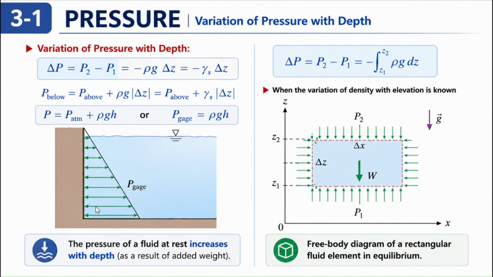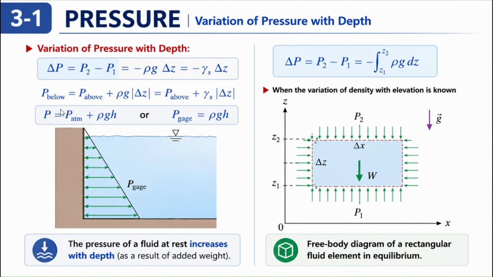If you look into this particular image, you have depth of the water, you have fluid, and the pressure will increase as you go to the bottom of the water, and that pressure variation is given as minus rho g delta z. Here z is positive upward, therefore pressure decreases with increasing elevation and increases with depth.